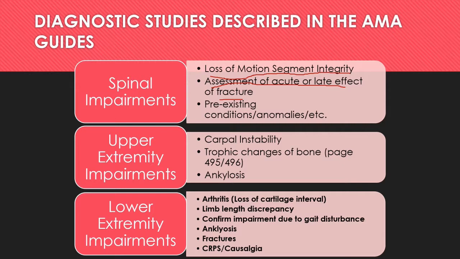And on a non-impairment basis, X-rays of the spine are always helpful for establishing the presence of pre-existing conditions, other anomalies, or other spinal conditions that may have an impact on your opinions and conclusions.